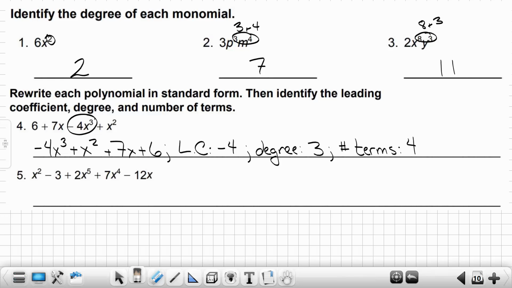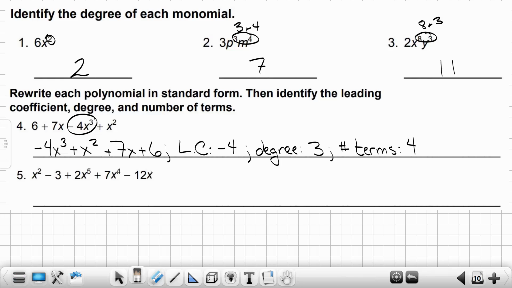Number 5. What's the highest degree? Twelve's the highest coefficient, not the highest degree. No, that's another coefficient. Which one's the highest? 5.